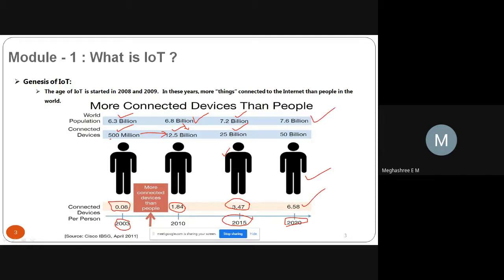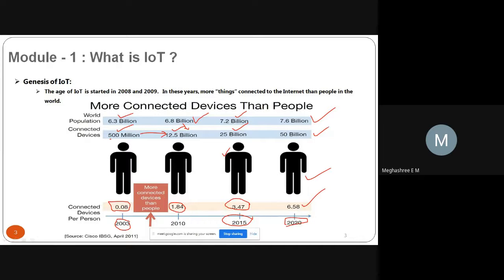The population was 7.6 billion, whereas connected devices were 50 billion. So if you look at this diagram, you can see that as technology advances, more objects and things are connecting to the internet.